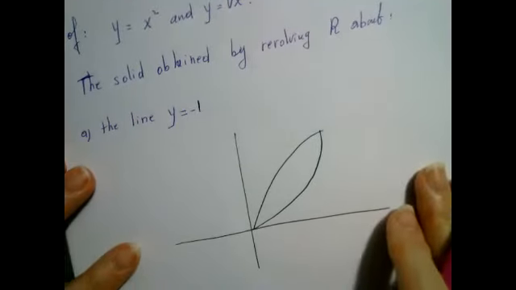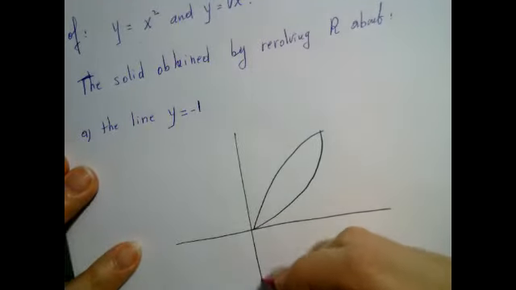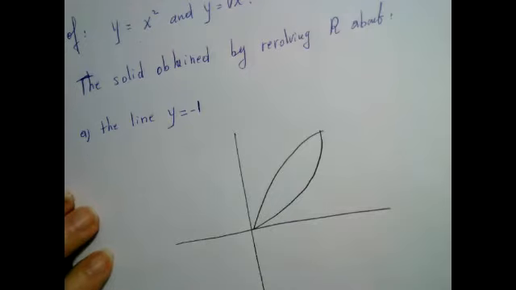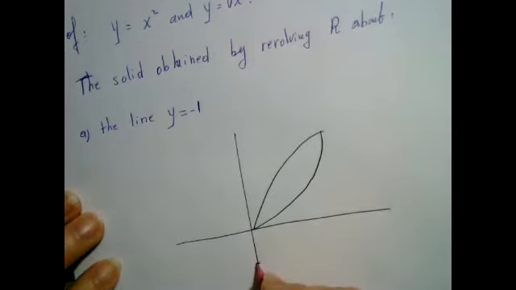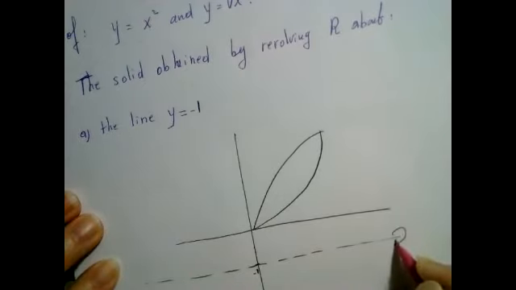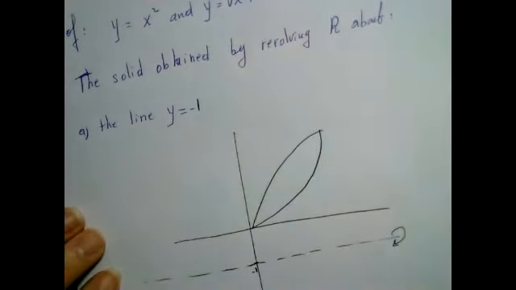The new thing is that my axis of rotation this time is the line y equals -1. This is -1 down here, and this is my axis of rotation.